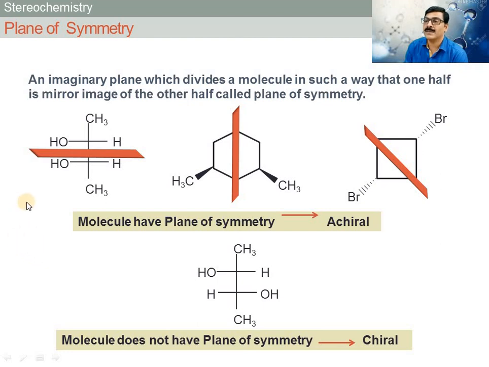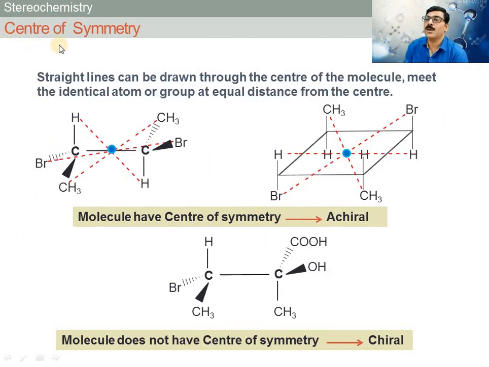Now then, the second symmetry is center of symmetry. So what is called center of symmetry? If a straight line can be drawn through the center of the molecule and meets identical atoms or groups at equal distance from the center, then such symmetry is called center of symmetry.